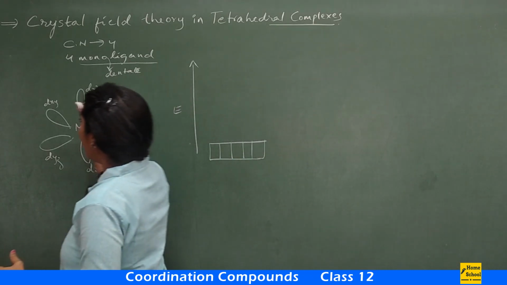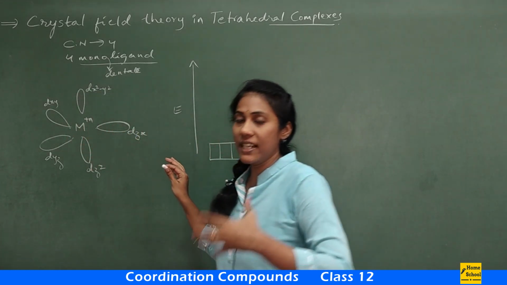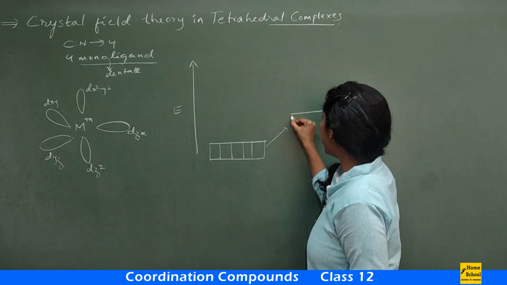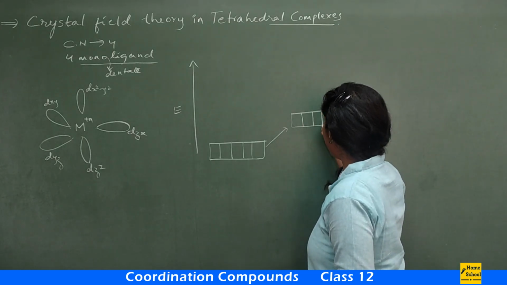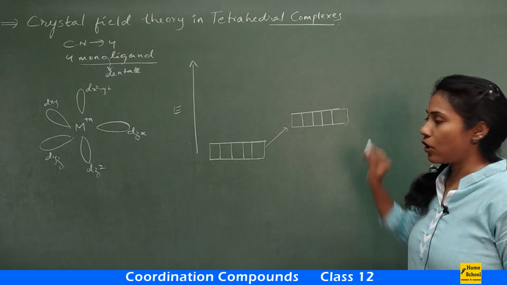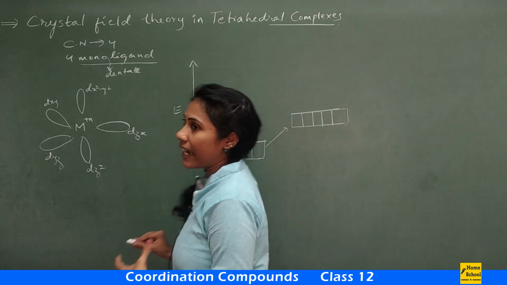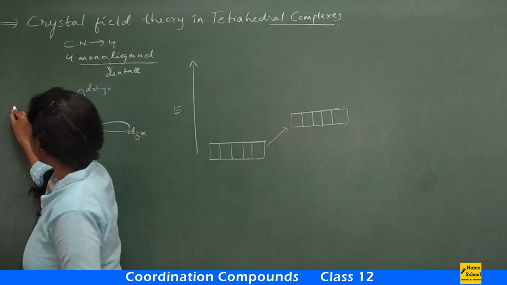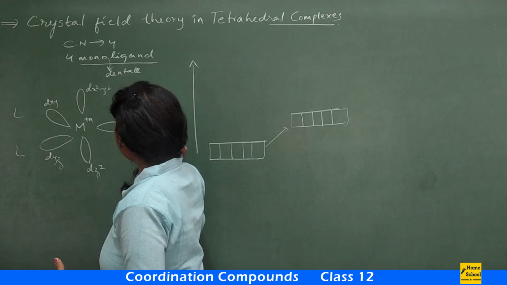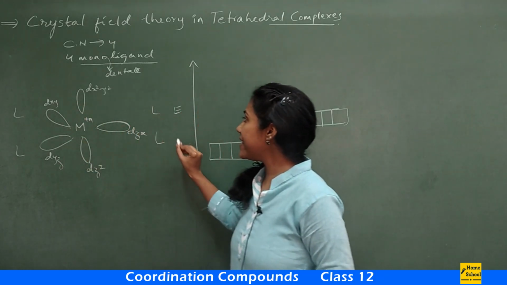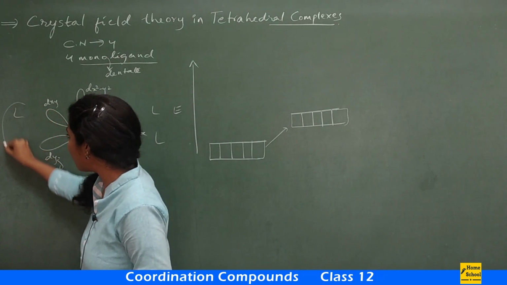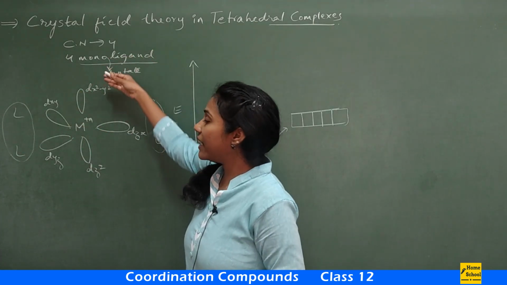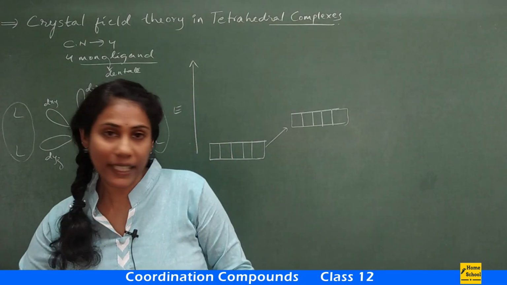When the ligands start approaching, while they are still far away, all the orbitals' energy increases slightly, so I'm going to place the orbitals a little higher. Now as the ligands approach closely, they approach in a direction close to where dxy, dyz and dzx are. I have shown 2 ligands here, altogether 4, because we are discussing the case with 4 monodentate ligands.